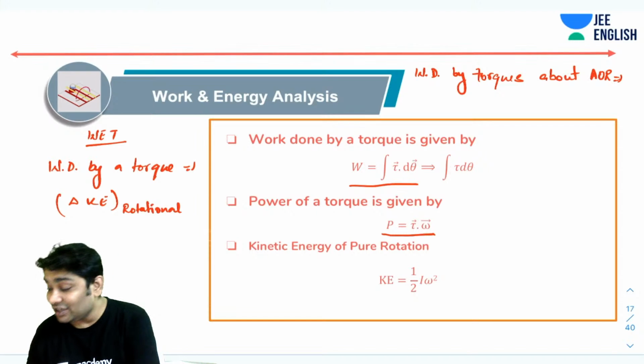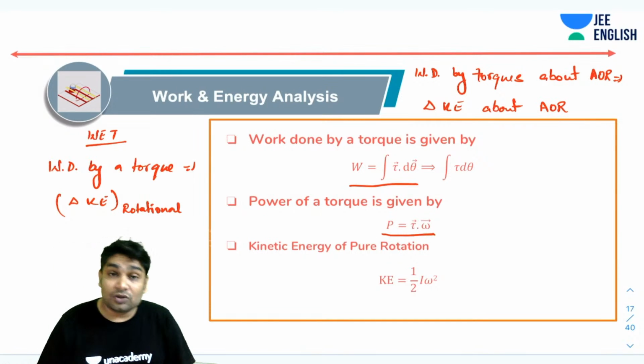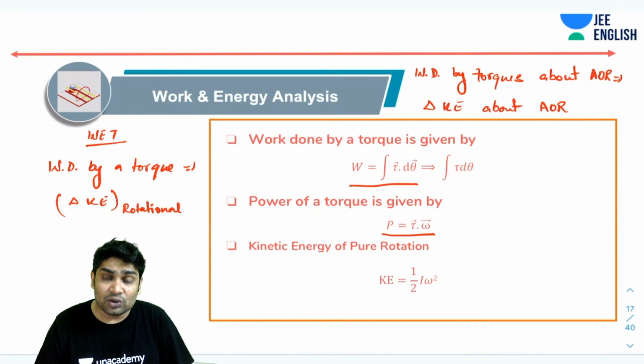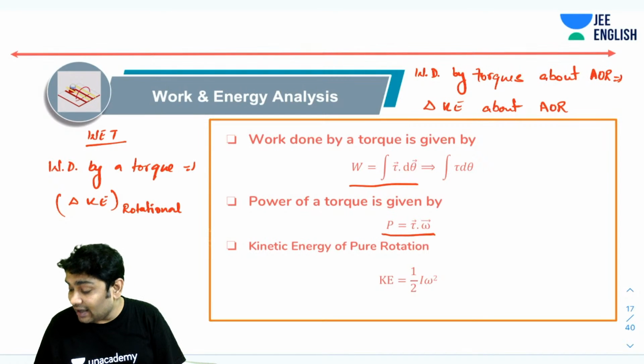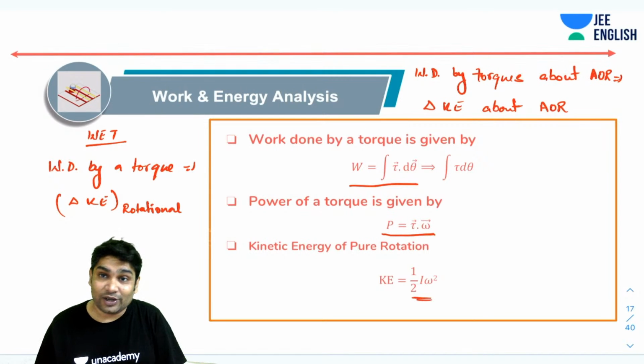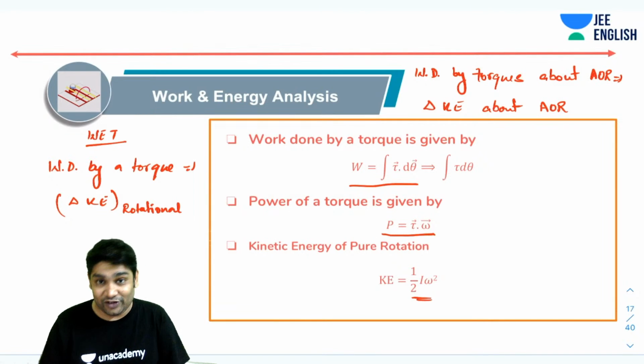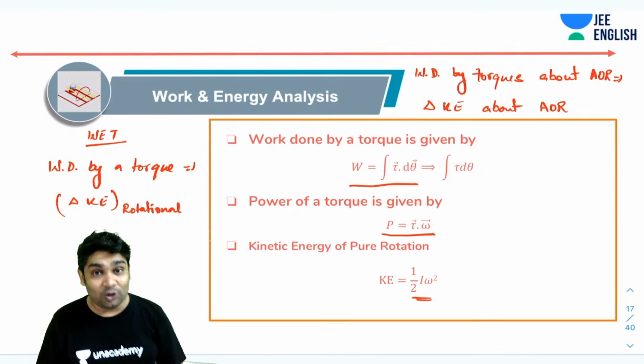Okay, and this will be equal to delta K about the axis of rotation. So when calculating the K, again use the I as I about the axis of rotation. Okay, remember that. And as long as you're doing all these things right, don't worry, you will always get the answers. Okay, you can never go wrong.